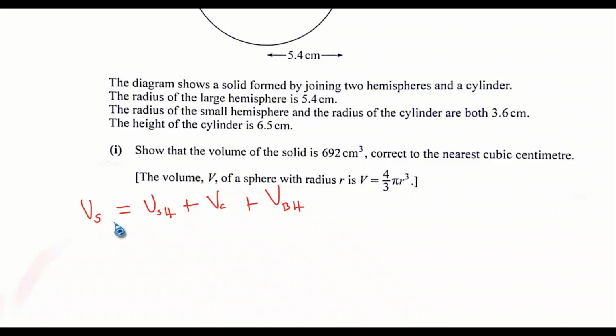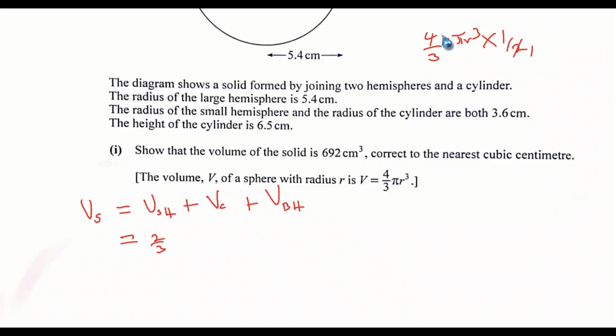So the volume of the solid is equal to the volume of the small hemisphere plus the volume of the cylinder plus the volume of the big hemisphere. The volume of the small hemisphere will be 2/3 pi r cubed, because the volume of a sphere is 4/3 pi r cubed, so to get the volume of a hemisphere, you multiply by 1/2.